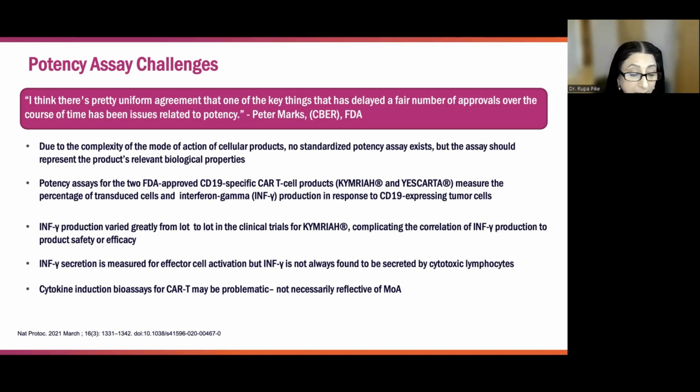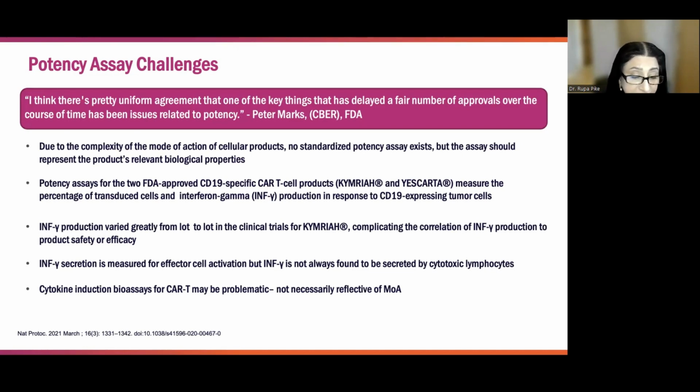The interesting fact is potency assays for the two FDA-approved CD19 specific CAR T cell products, Kymriah and Yescarta, measure the percentage of transduced cells and interferon gamma production in response to CD19 expressing tumor cells.